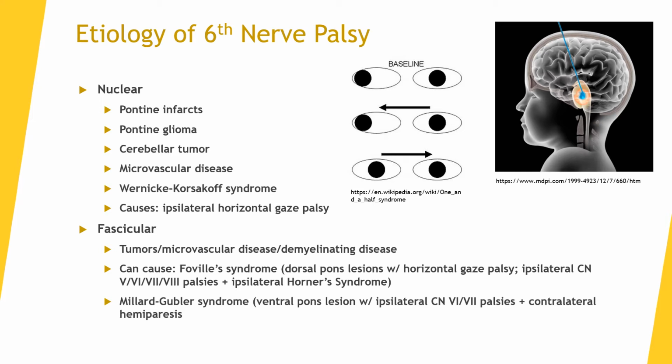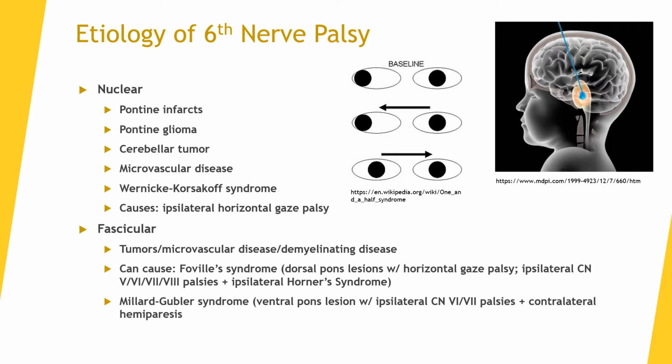In the vesicular region, tumors, again microvascular disease, and demyelinating disease like multiple sclerosis can be a cause. And in the vesicular, the interesting constellation of symptoms can lead to Foville's syndrome, which is a horizontal gaze palsy, ipsilateral cranial nerve 5, 6, 7, 8 palsies.